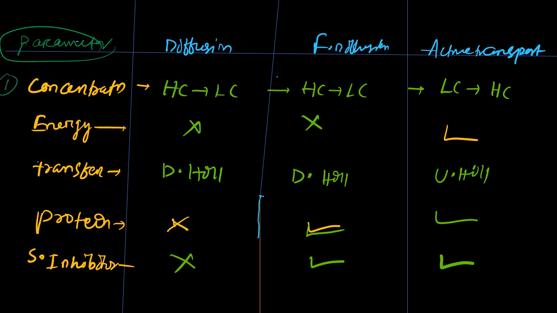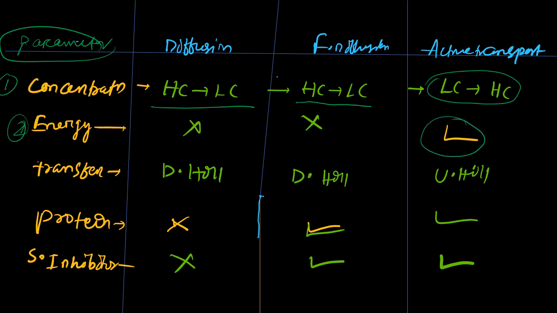In diffusion, we see transport from higher concentration to lower concentration. In facilitated diffusion, this is also higher to lower concentration. But in active transport, this is from lower concentration to higher concentration.